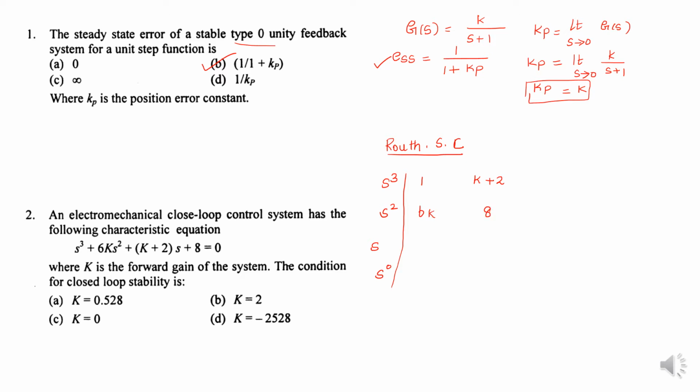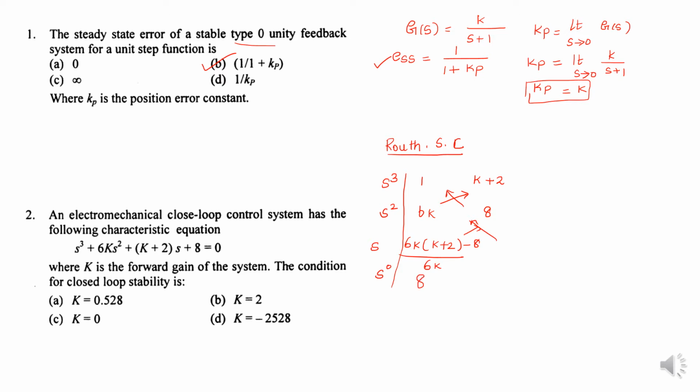Next I have to find the s values. Here cross multiply: 6k into (k plus 2) minus 8, the whole divided by 6k. And here, 0 into this, 0 divided by 6k, so I'll get the answer 8.